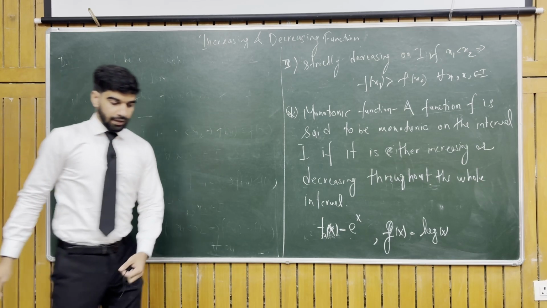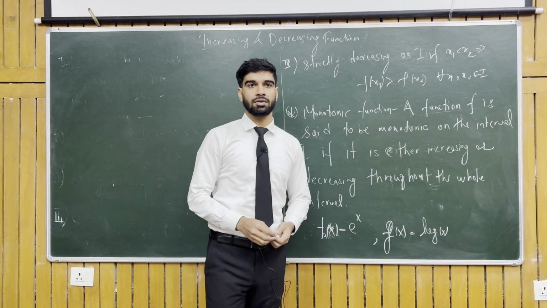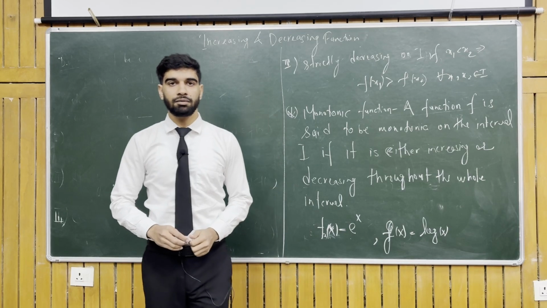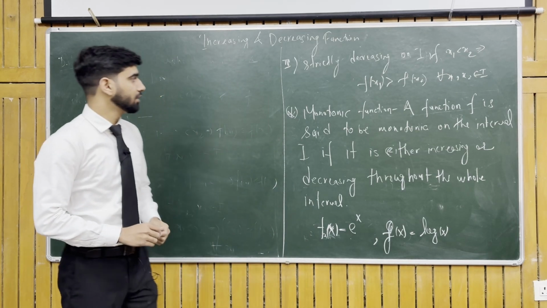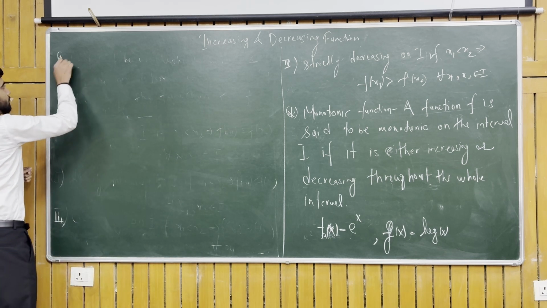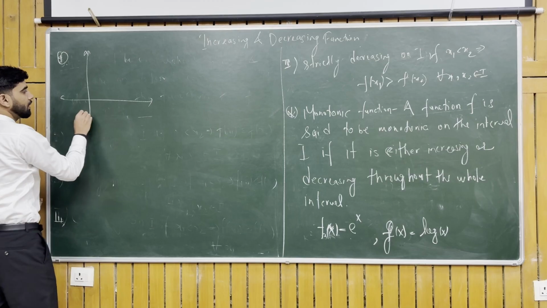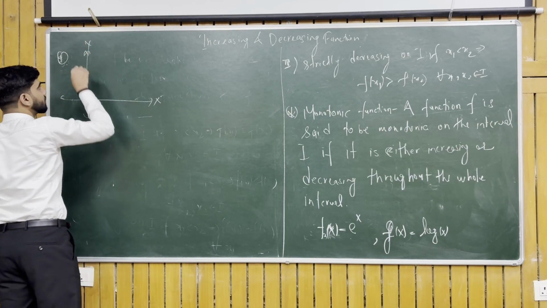Now I will plot some graphs. Through the graphs we will understand which function is increasing or decreasing. So let us plot some graphs of the function. First, this is x-axis, this is y-axis.